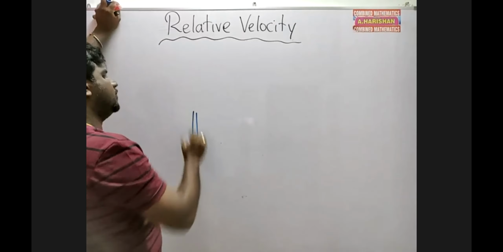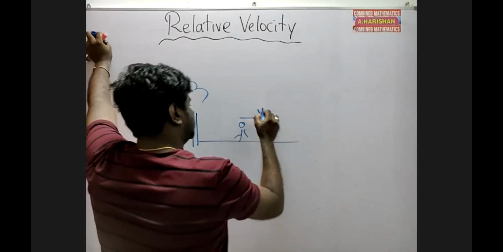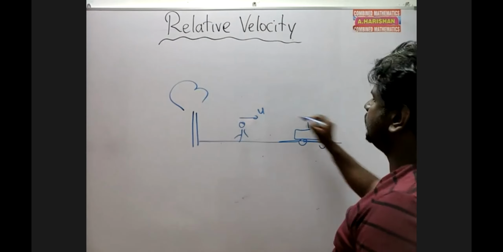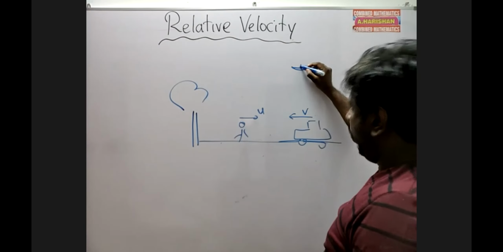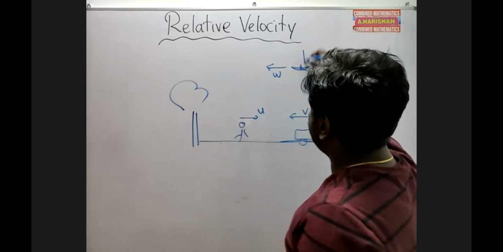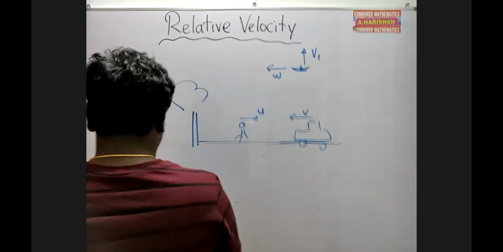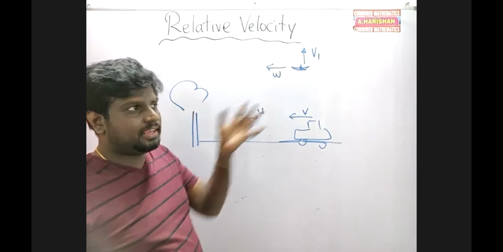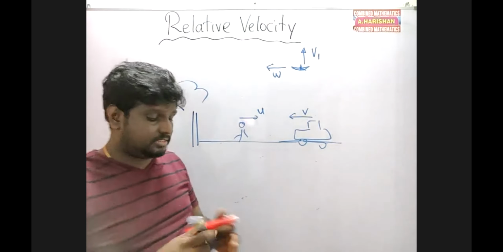For an example, there is a tree, there is a person running with u, there is a car coming with v, there is a plane moving with w here, and upwards v1. That's it. So these are the things happening here with the various velocities.